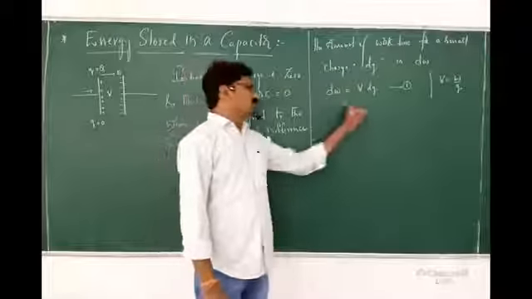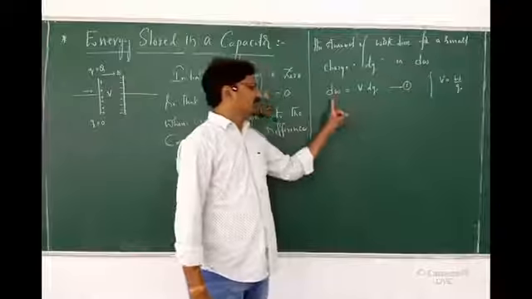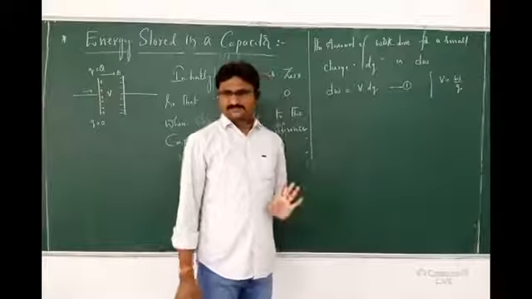It is the small amount of work done: dw is equal to V into dq.